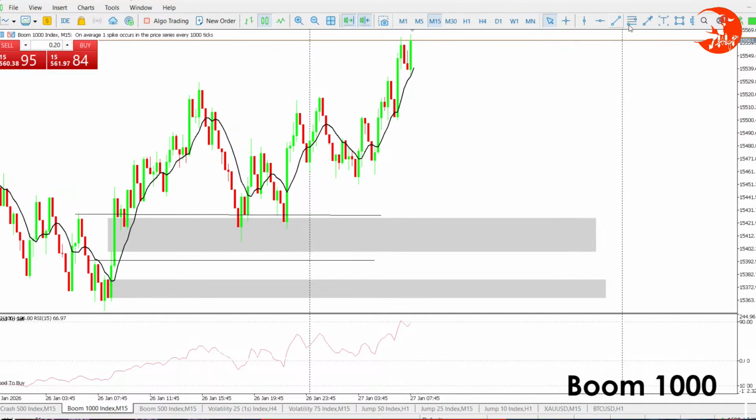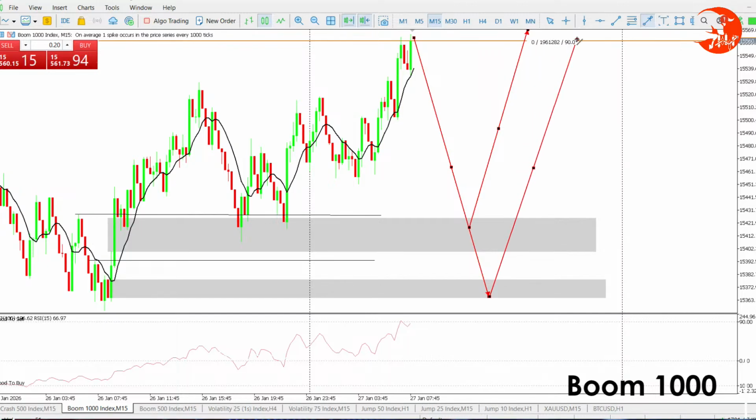It can also break, so it can do this and then give us entries from here, buys, or from here. This will be a pullback, remember that.